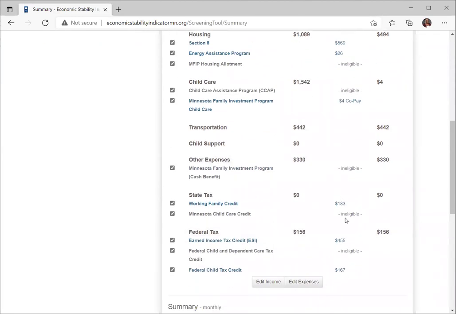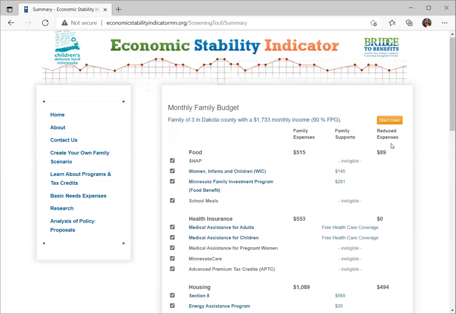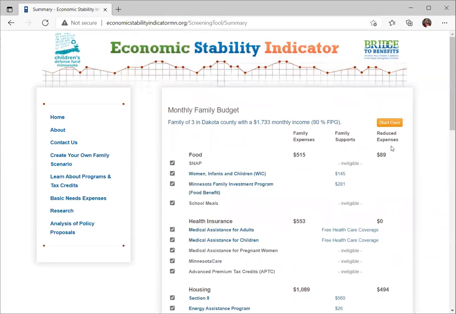Because this is a working family, they're also eligible for several of these tax credits. In ESI, we look at programs as expense reducers and not income enhancers. We call them expense reducers because with the exception of the cash portion of the Minnesota Family Investment Program, all of these programs really are not cash into the family's pockets.